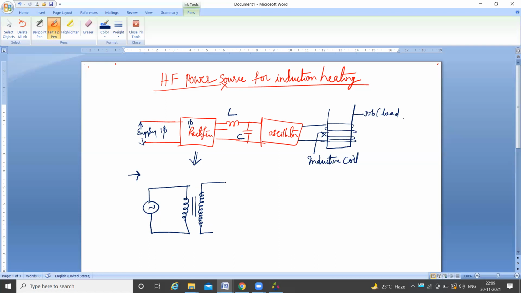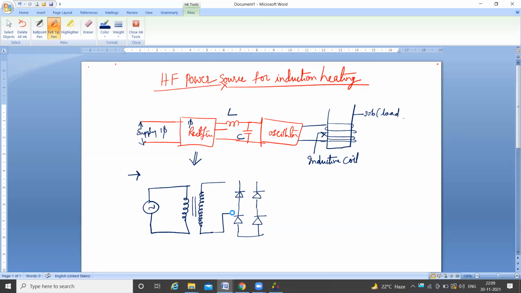See, here rectifier means four diodes will be used. One diode, this is another diode. The rectifier is a single phase rectifier, either half wave or full wave. Here the bridge full wave rectifier is used.